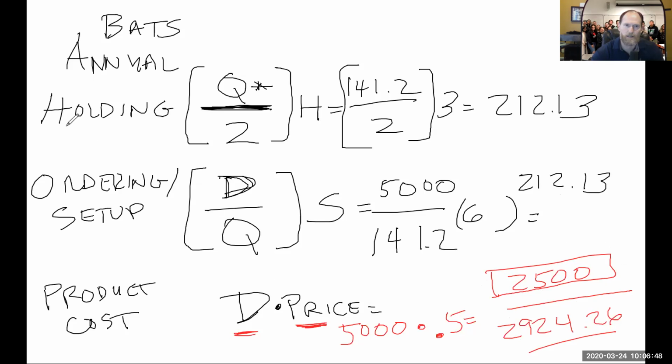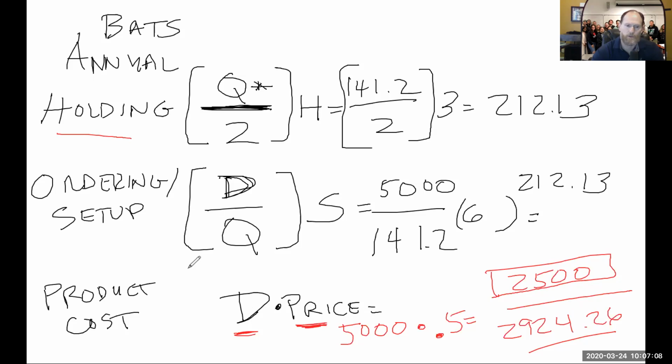So what we're looking at is annual holding cost. That's our formula. Annual ordering / setup costs. This is our formula. And our product cost. This is our formula. And then the total is indeed the total.